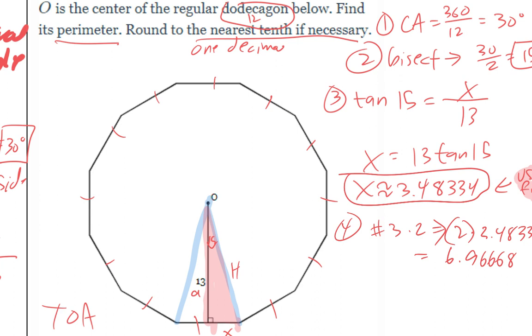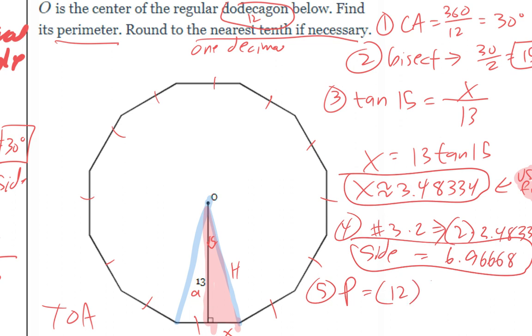Now step number 5, so that gives me the side, but we don't want the side, we want the whole perimeter. So the perimeter is 12 sides times 6.96668. That means the perimeter is approximately, now we can round to our nearest tenth, which is 1 decimal place, 83.6.